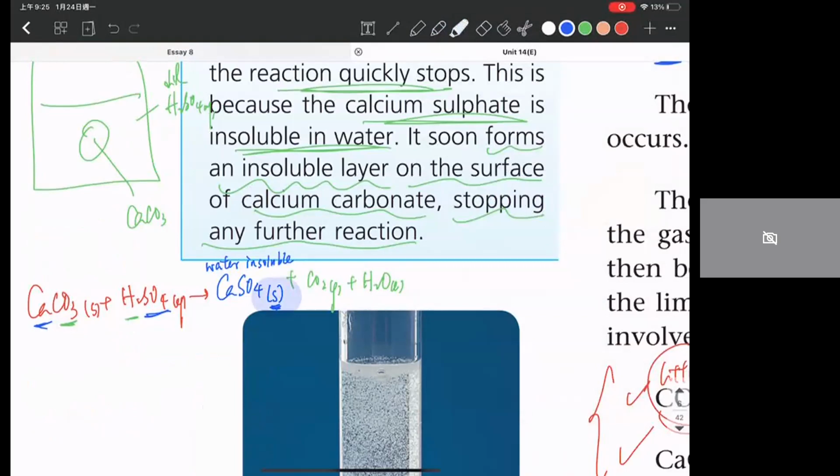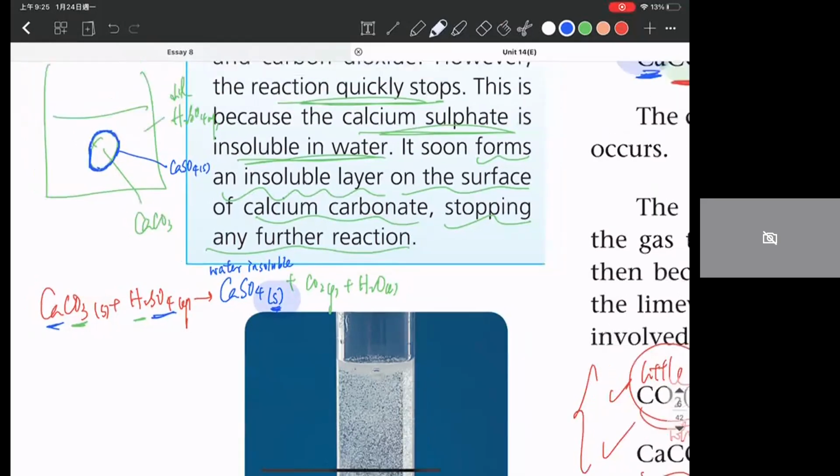So what is the consequence? Once they react with acid, it forms a layer of water insoluble salt, calcium sulfate, and it will cover the surface of the calcium carbonate, so these two chemicals can no longer react. So we call this coating effect.